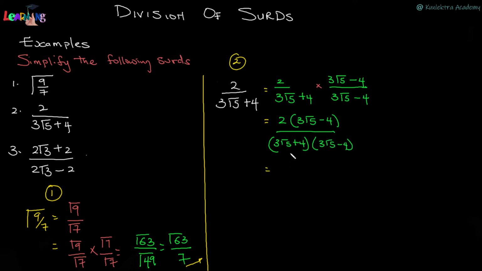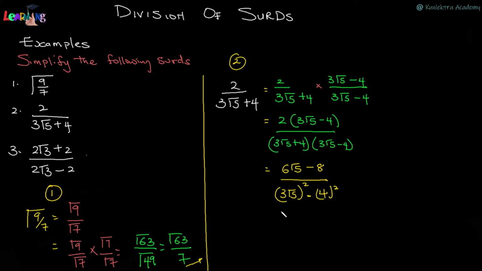Then what will be the value? Numerator, 2 times 3, 6 root 5, minus 2 times 4, 8, over, the difference of two squares, 3 root 5 all squared minus 4 all squared.